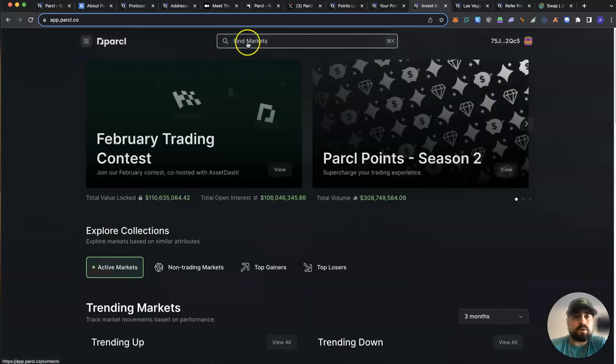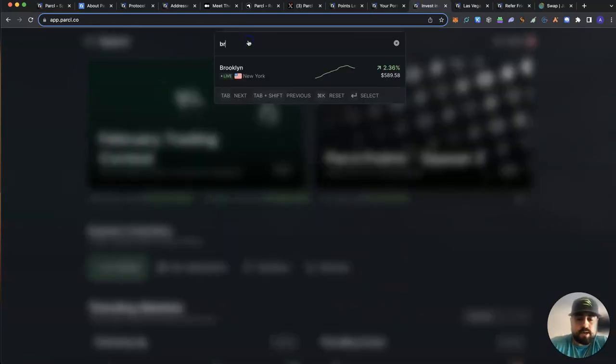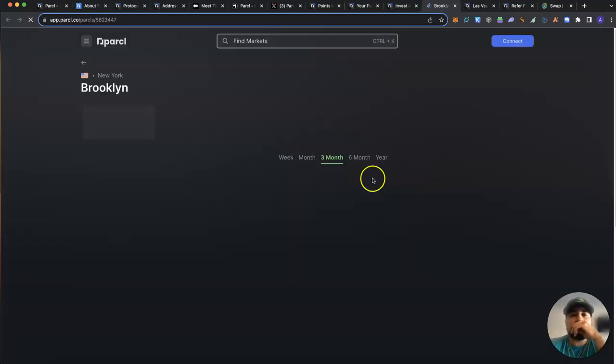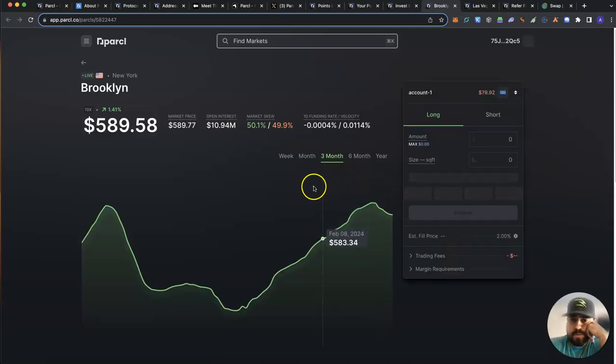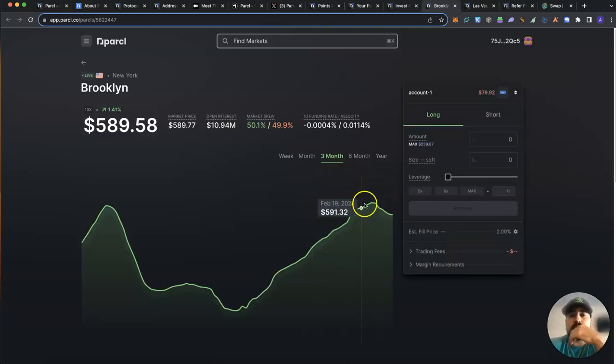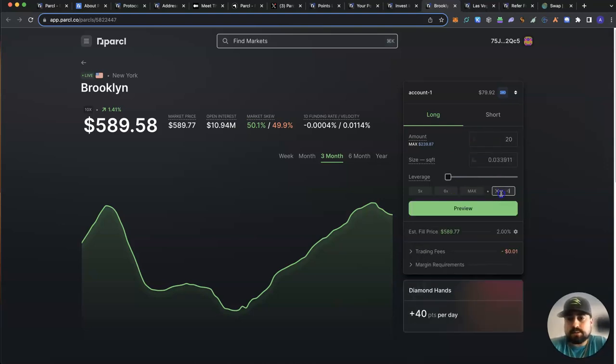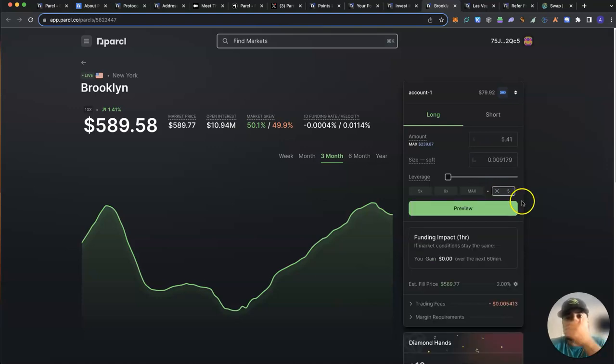So now let me go over to, let's just say Brooklyn now. We'll just do this trade. Since they're in the same state, you're not going to see a huge difference in fluctuations for the most part. So we're going to do a long on here, 20 bucks. We'll go 5x leverage as well.